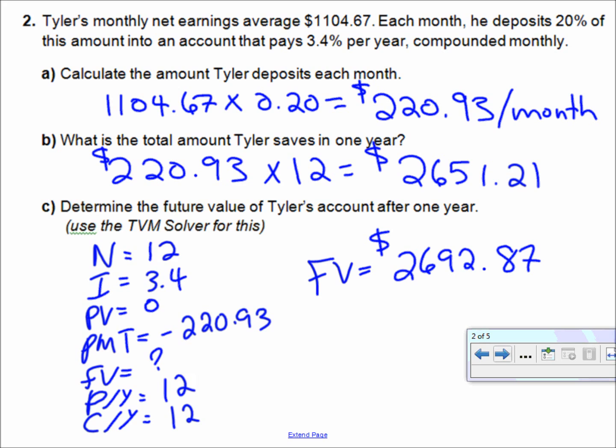So we've made just over $40 in interest during that year.